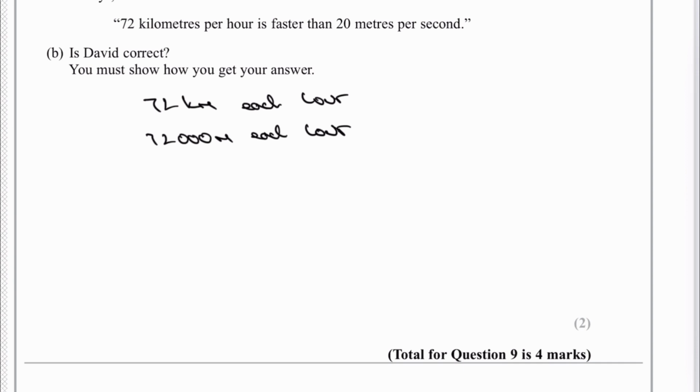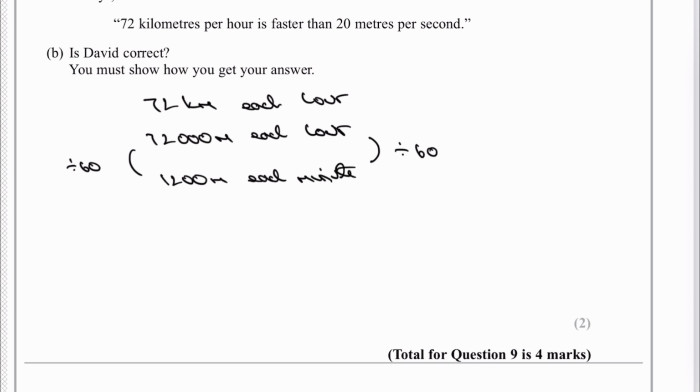Now I want to work out per minute, so I'm going to divide through by 60, and if I divide my hours by 60 to get minutes, I have to divide my 72,000 meters by 60 as well. So I'll end up with 1,200 meters each minute.